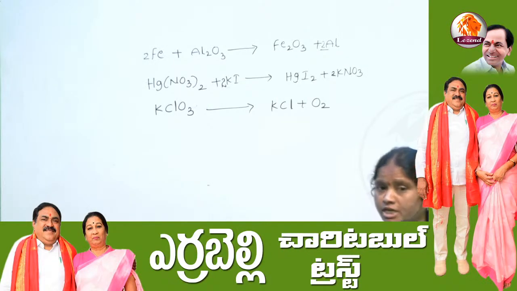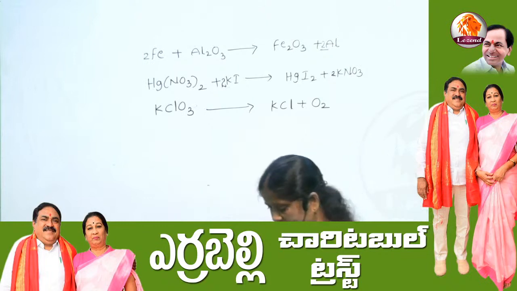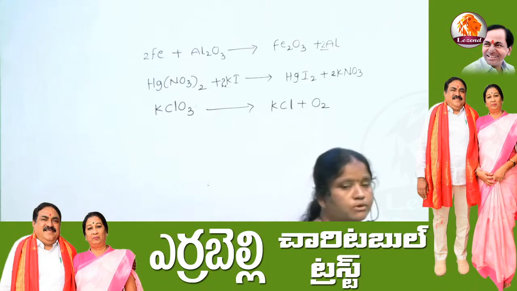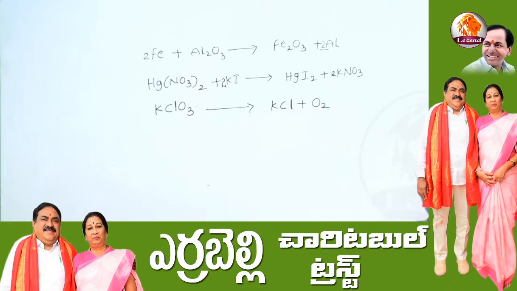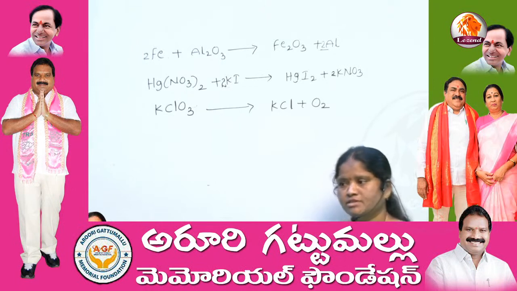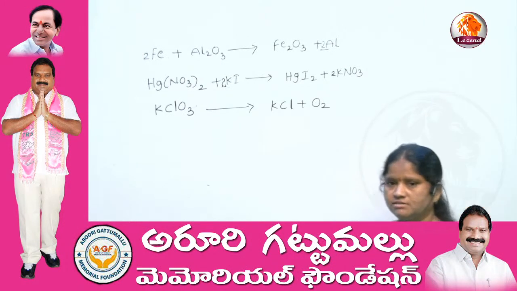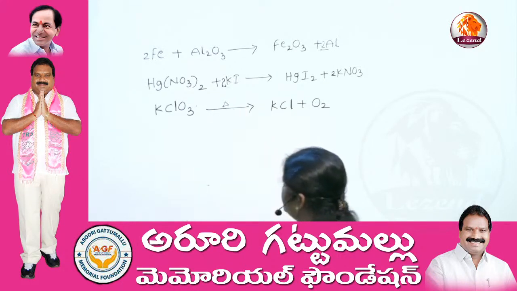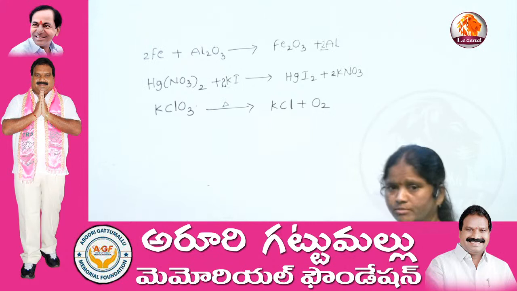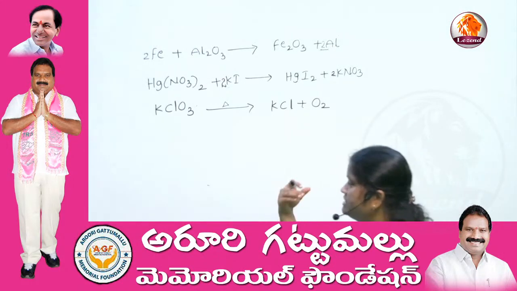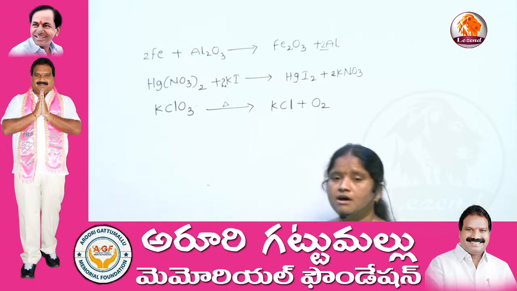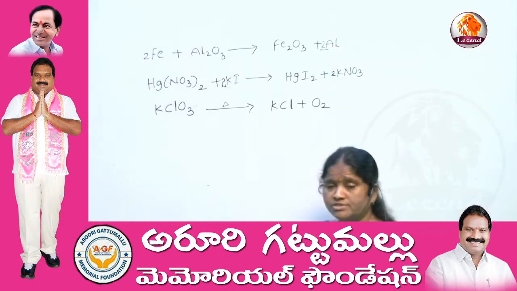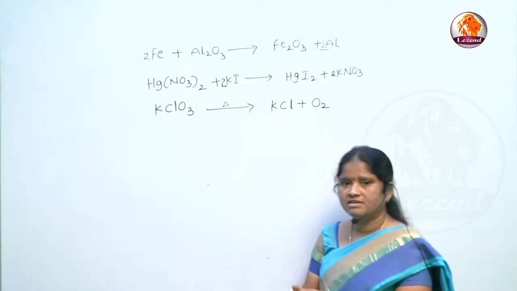Mainly these chemical decomposition reactions take place in the presence of heat, light, or electricity, or sometimes in the presence of a catalyst. In the presence of heat we can represent delta above the arrow mark. When we increase the temperature of the reactant, or maintain a certain pressure on the reactants during the chemical process, then these decomposition reactions take place.